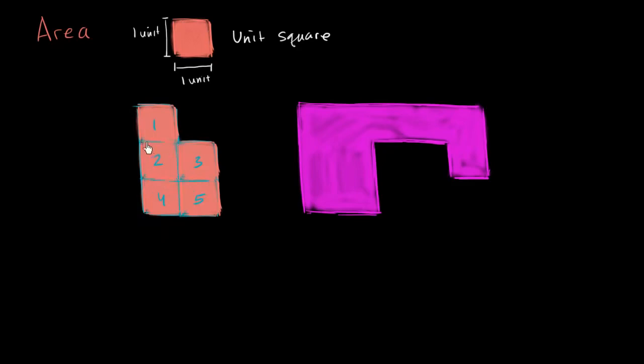So we have 5 unit squares. And so we could say that this figure right over here has an area. The area is 5. We could say 5 unit squares. The more typical way of saying it is that you have 5 square units. That's the area over here.